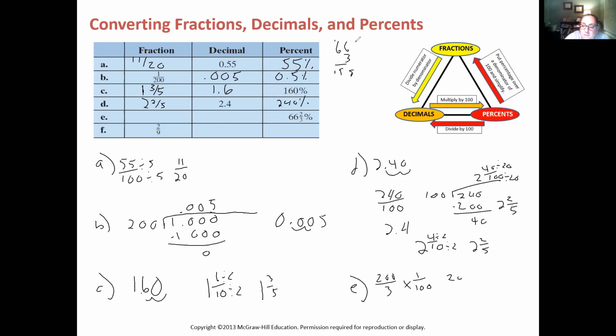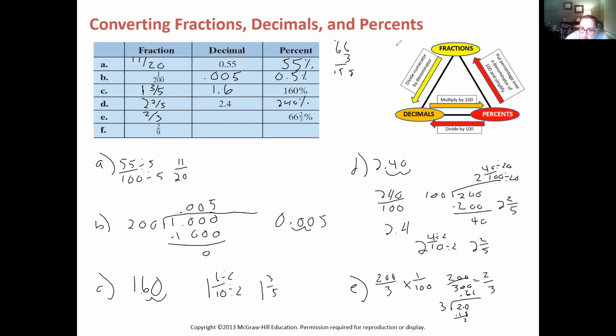So I get 200 over 300. And when I reduce, I get 2/3. And now that I have my fraction 2/3, I can divide 3 into 2. 3 can't go into 2, but it can go into 20 times.